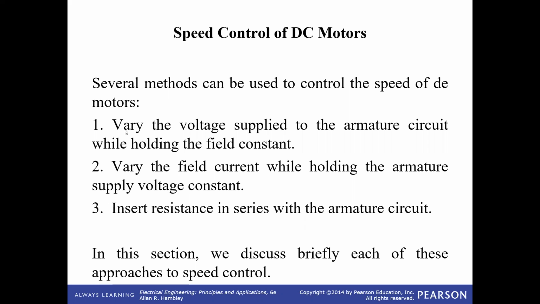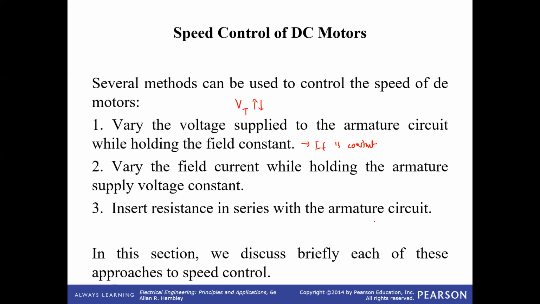The first method is to vary the voltage supply, which is the terminal voltage supplied to the armature circuit, while holding the field constant. Meaning that you adjust the V terminal to be variable, and the field, which is IF, is constant.